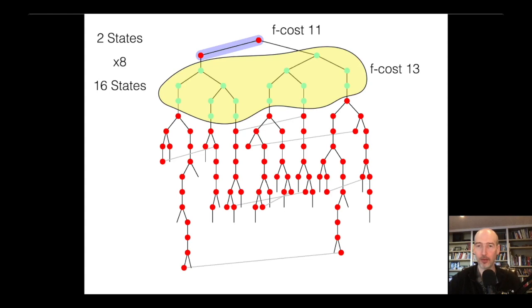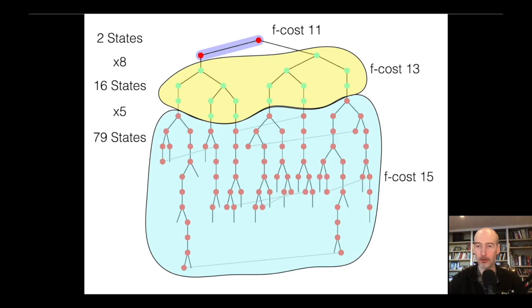What we see here is we have f cost 11, there's two nodes at the top, and we have a big range of nodes with f cost 13, and then another big set of nodes with f cost 15. We went from 2 to 16 states, so that grew by a factor of 8, and then from 16 to 79 basically grows by a factor of 5. So in this problem, this state space is essentially growing exponentially.